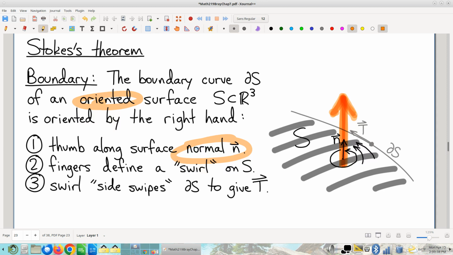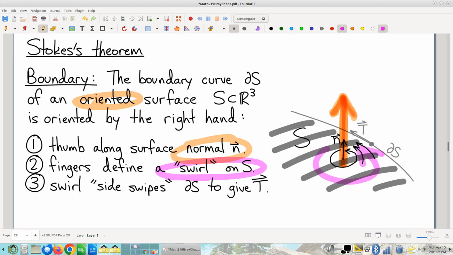Thumb in the direction of your orientation vector for your surface. And then look at the direction that your fingers are rotating, if you will. They're pointing to a direction that rotates around that thumb. And this is what I like to call a swirl. So your fingers define a swirl, like that.